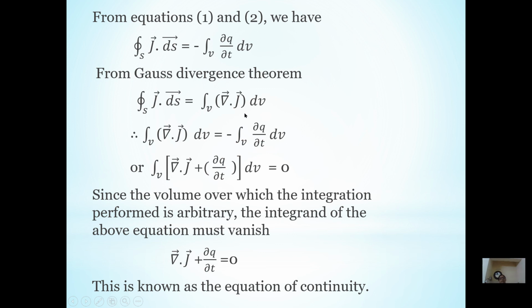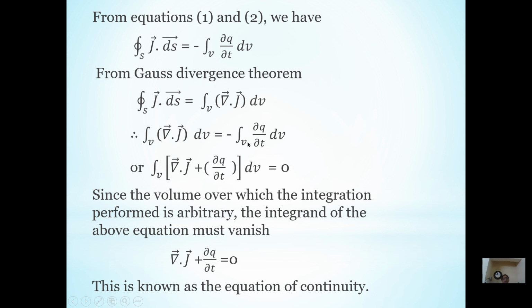By using this Gauss divergence theorem, the volume integral of divergence of J dV is equal to minus the volume integral of delta Q by delta T dV. So you are replacing the surface integral of J dS by this, and now on both sides you have a volume integral.